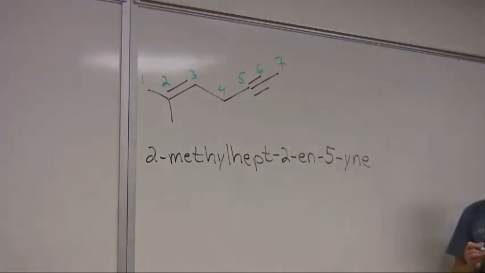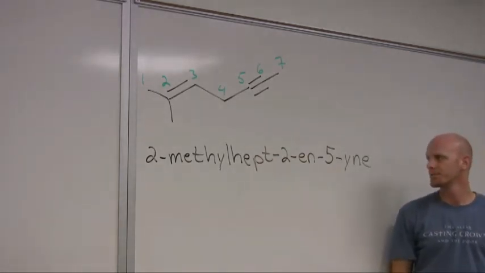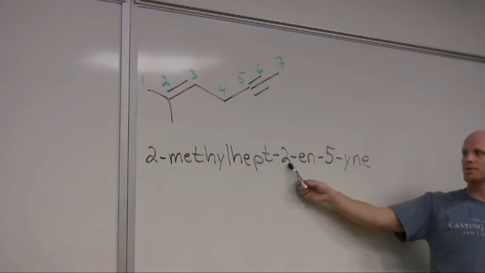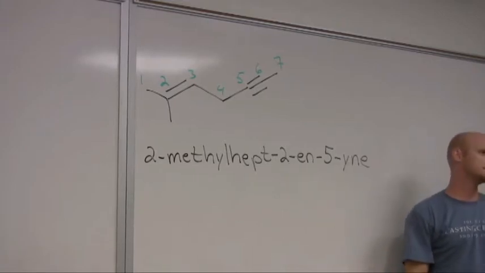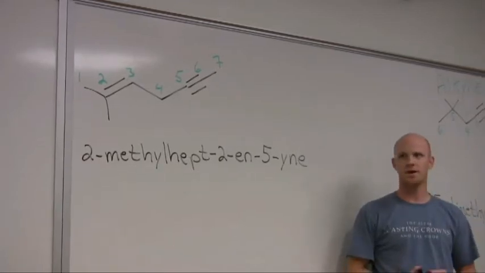So 2-methylhept-2-en-5-yne. So again, alkenes and alkynes get the lower of the two numbers involved. And in this case, with two major functional groups that are part of the main chain, I had to put the numbers in the middle of the word. No choice. You couldn't just say 2,5-heptenyne. It doesn't work that way.